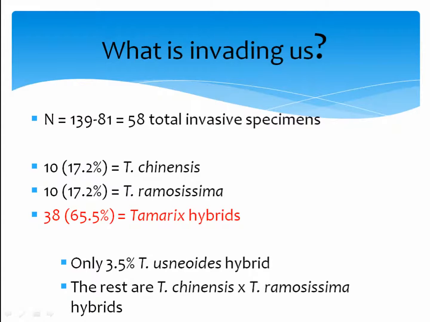Now we've got less than 20% of each of the parental types in our invasion, and most of the invasion in South Africa is of hybrid status. The good news is that only 3.5% of the hybrids found in South Africa are hybridizing with our indigenous species, and all the rest are just hybrids between chinensis and ramosissima.